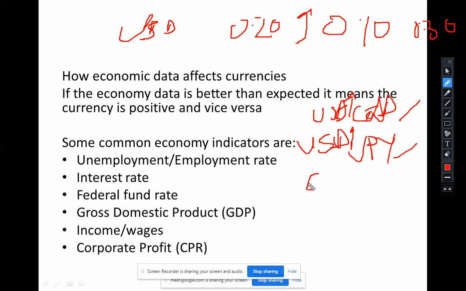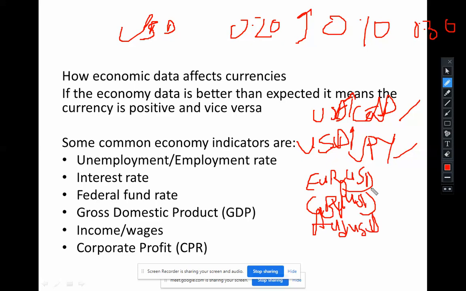But currency pairs like EUR USD, GBP USD, AUD USD, USD here will be bearish. That's why we call it counter. So if USD CAD is bullish, that is USD here is bullish, this one will be bearish. That is how you trade them.